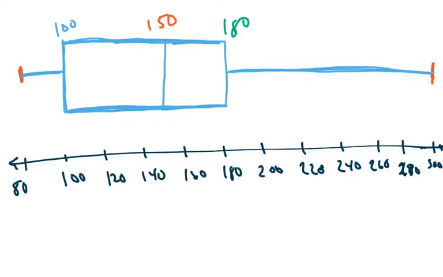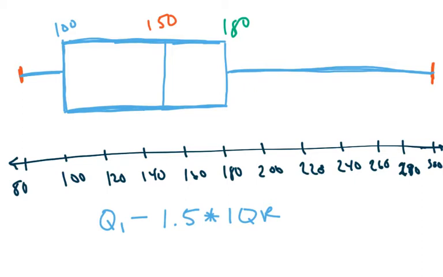Now, there's one way that we can calculate an outlier. To do that we calculate Q1 minus 1.5 times the IQR. And if you have any values that are less than that, you get rid of them. And then we also look for outliers that are too big.